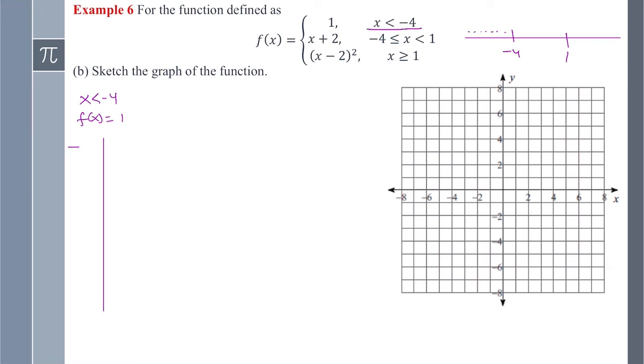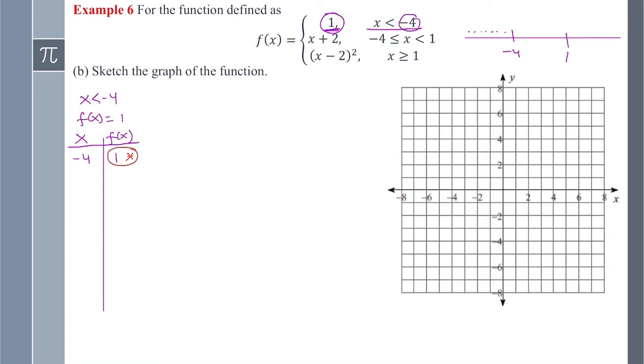Okay. So let's take some x values and find f of x. I always like to start from here, though -4 is not included in that interval, but I'll still start from there. So I'll take x equals -4. It's always 1, so it's 1. And then I just put a mark here because this is a special case.